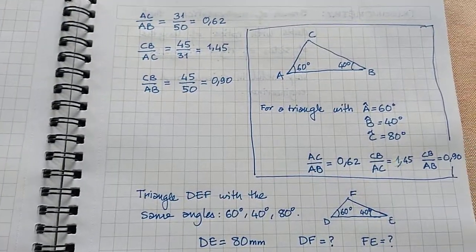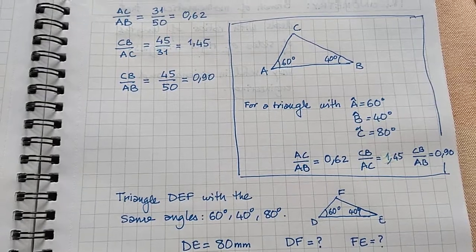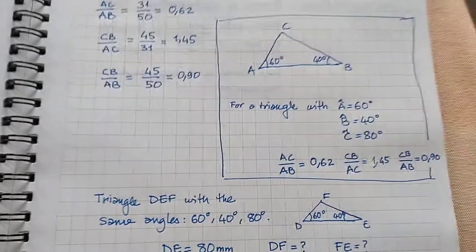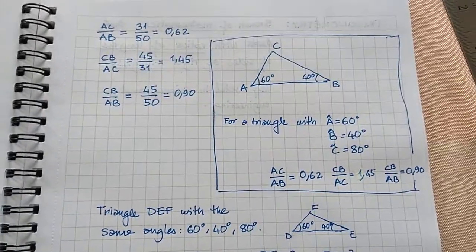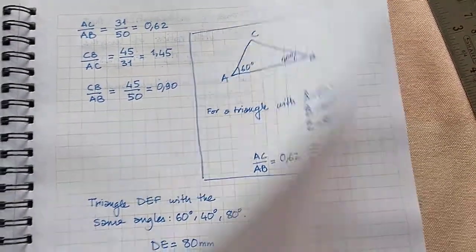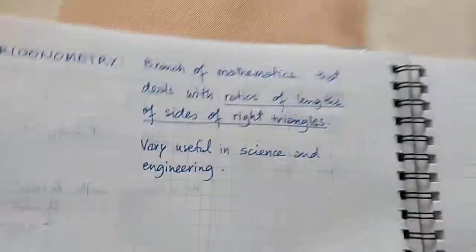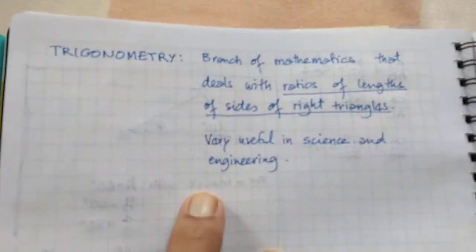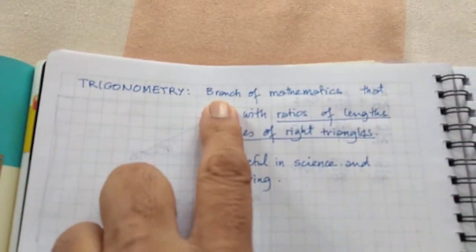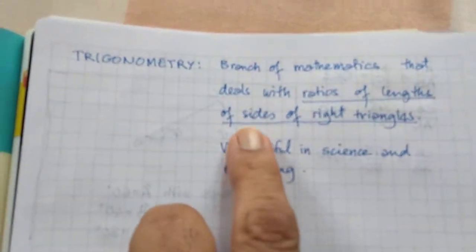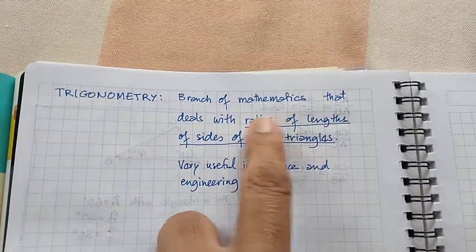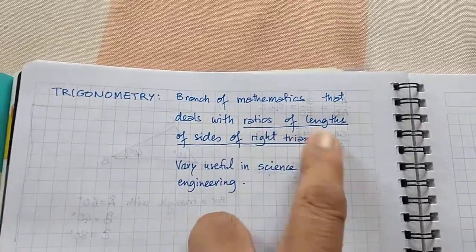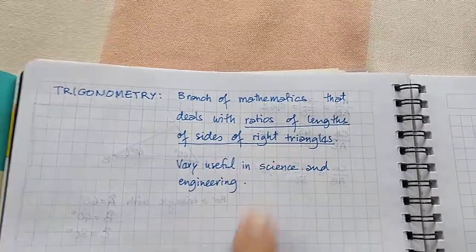But this whole thing becomes extremely useful when you take a right triangle. What is a right triangle in French? Triangle rectangle. So, trigonometry, now we come to the definition of trigonometry, is a branch of mathematics that deals with ratios of lengths of sides of right triangles.